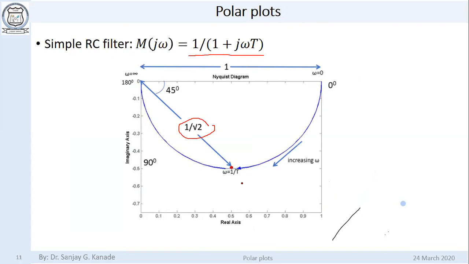So with very few values you can draw the shape. If you don't have the central value, it may be sufficient, but what is more important is you must have the starting value, the ending value, and their angles. The angles are important.